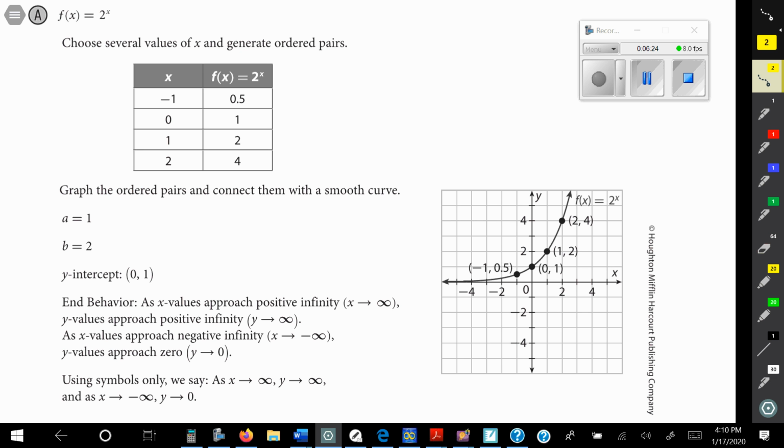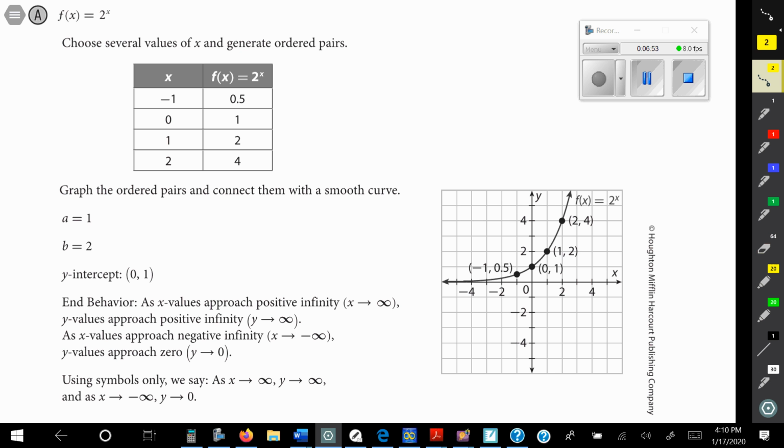It doesn't have the understood 1 in front of it here, so we know a is going to be 1, and the 2, which has the exponent on it, is going to be your b. Whatever your a is, if you put 0 in for x, that's going to be your y-intercept. So if you're given the function, you can find a, b, and the y-intercept really easily. The main thing you want to do is be able to find the end behavior.